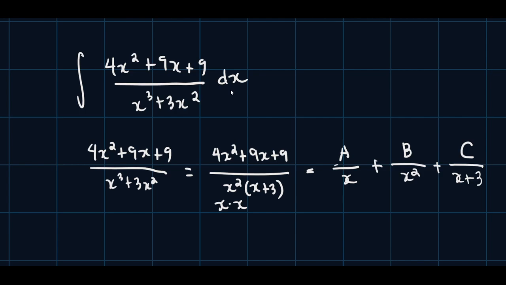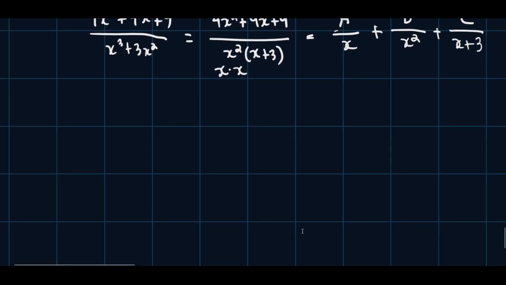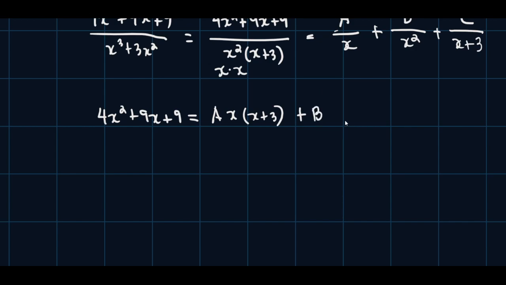So, multiply by the common factor. That will give us 4x squared plus 9x plus 9 equal to A times x plus 3 plus B times x plus 3 plus C times x squared.